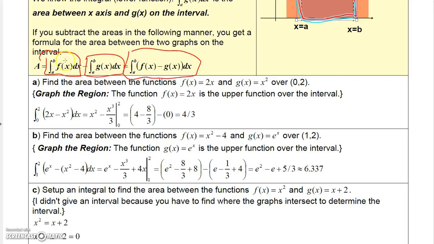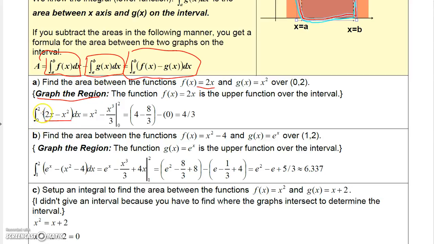It says find the area between the functions 2x and x squared over 0 to 2. Graph these on Desmos or whatever you want to use, and show that from 0 to 2, 2x is the upper function. So from 0 to 2, it's got to be in this order: 2x minus x squared from 0 to 2.